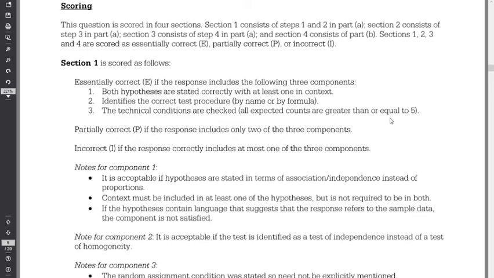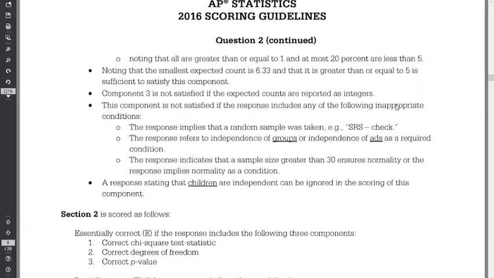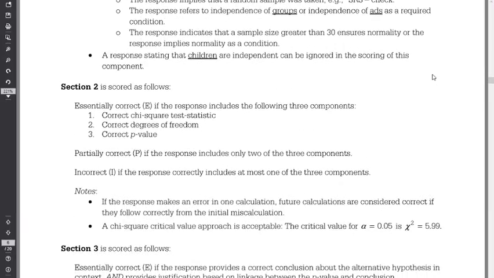So to give a very brief overview of how they scored this, you had to give the null and alternative hypothesis correctly. You had to say it was a chi-square test of some kind. You needed to check the expected counts were at least 5 and say that. You also needed the correct statistic, correct degrees of freedom, correct p-value.